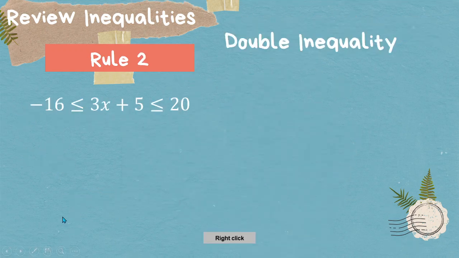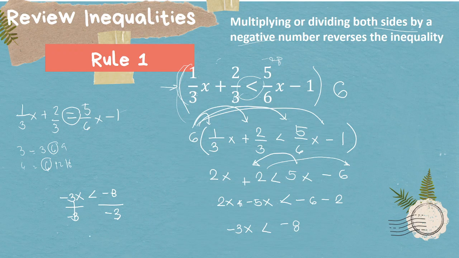So, the answer is x equals positive 8 over 3. But since dividing or multiplying both sides by a negative number, we reverse this inequality to x greater than 8 over 3. So this is the answer.